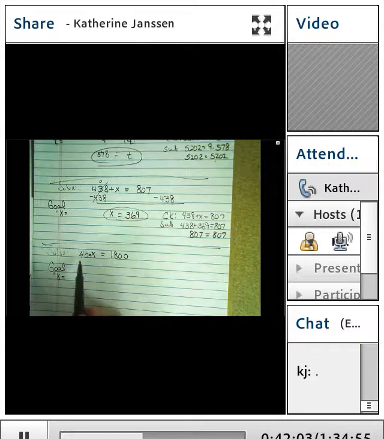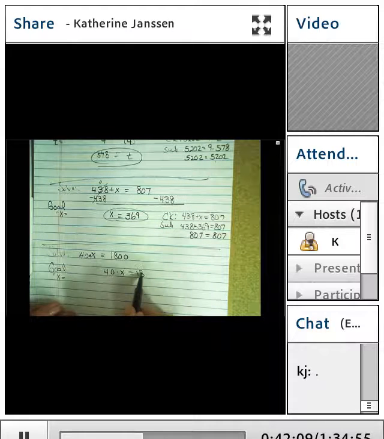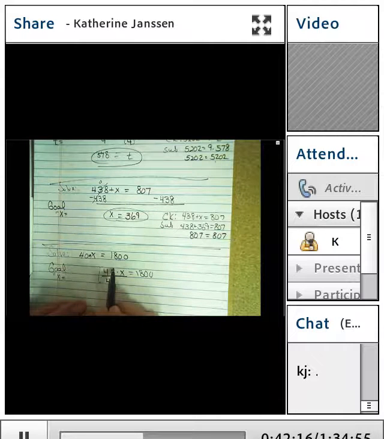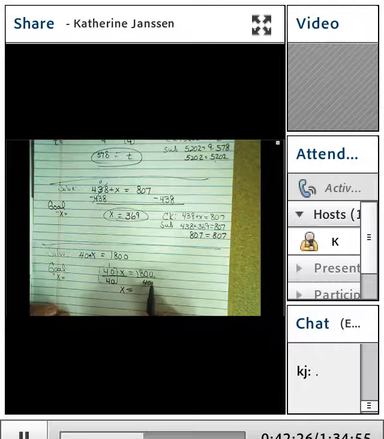Since it's 40 times x, I know that if I divide 40 by 40, I'll have another name for 1. 1 times x is x equals. But if I divide one side of the equation by 40, I'm going to have to divide the other side of the equation by 40 to maintain the equivalency.